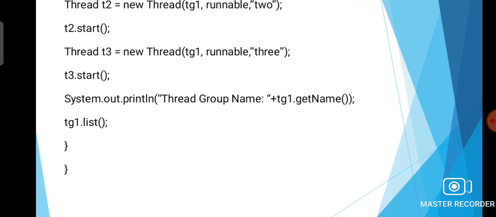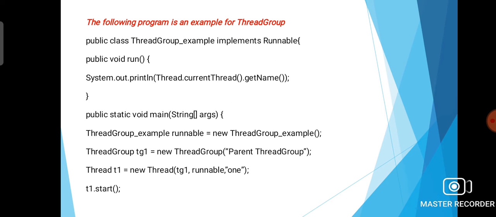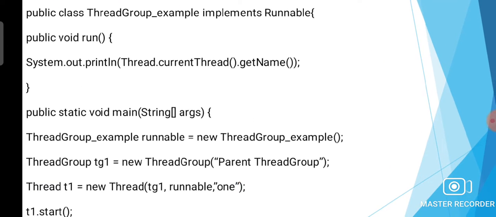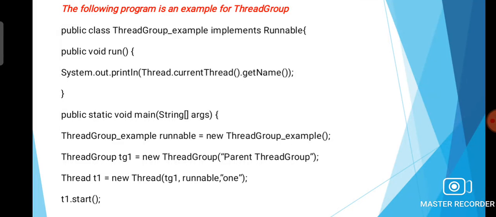Now finally we are printing one thing, System.out.println, the thread group name. We are going to print the name of our thread group. So we have to apply the method with the thread group object. Our thread group object is tg1. So we are applying the method tg1.getName. Previously when we declared the thread group, we gave the name of our thread group, that is parent thread group.